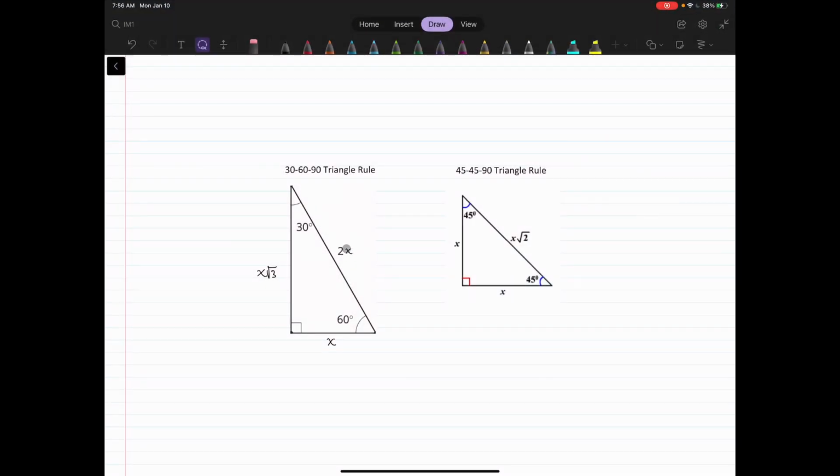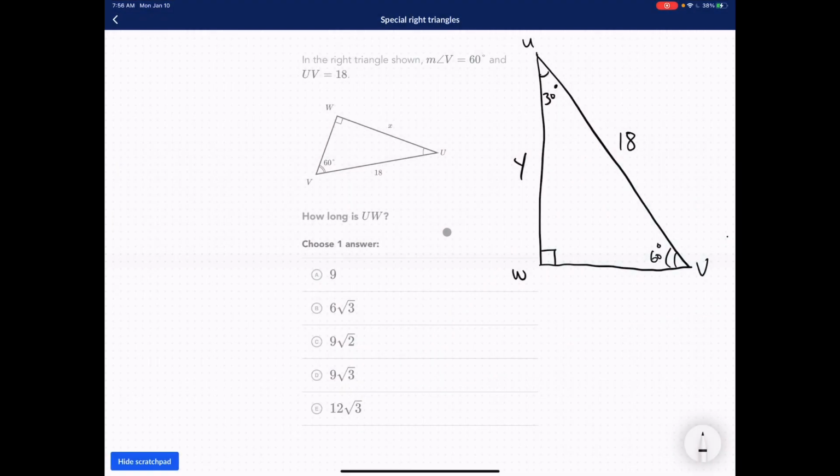So the hypotenuse is equal to 2x. So as you can see, 18 is equal to 2x. So if 18 is equal to 2x, what is x equal to? We're going to divide by 2 on both sides, and we got 9 is equal to x, right?